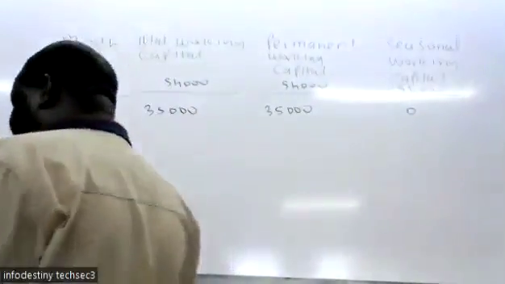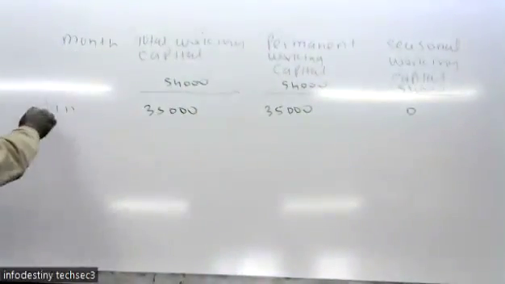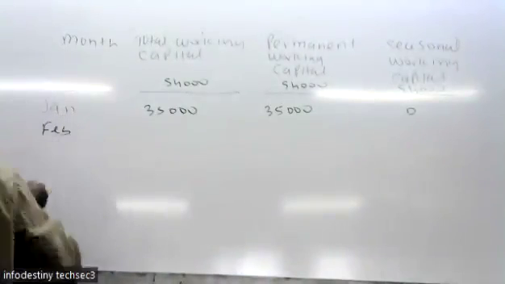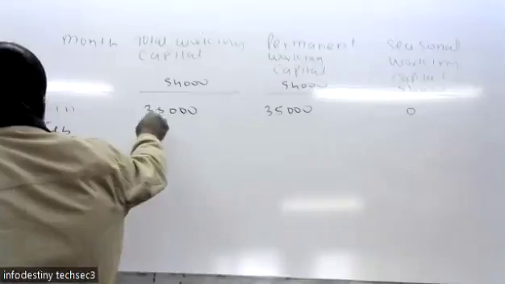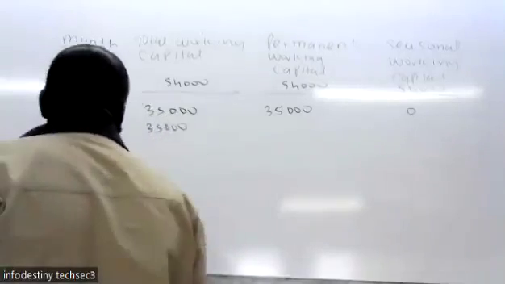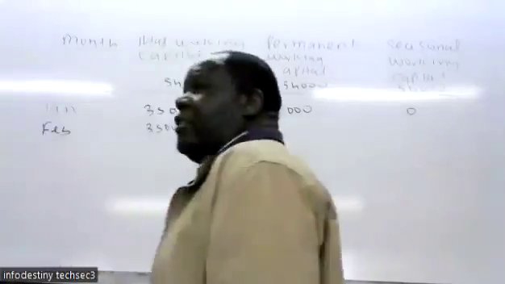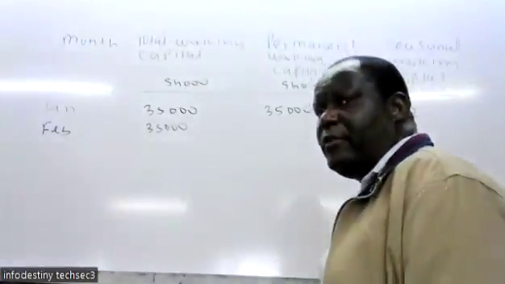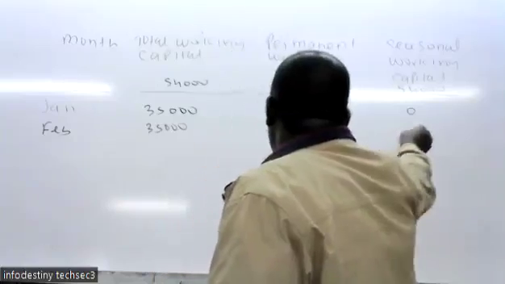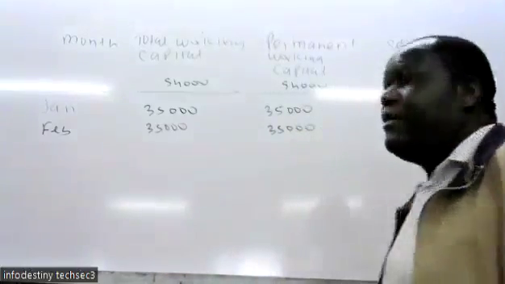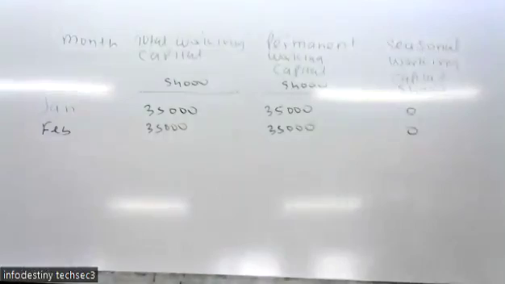We go to the second month, which is February. February, they gave you 35. Permanent will never change, it is the same, the lowest among all of them, 35. Then the seasonal will be 0.